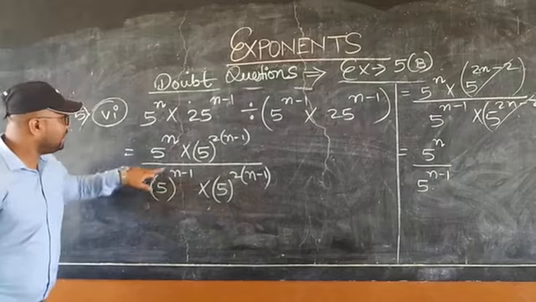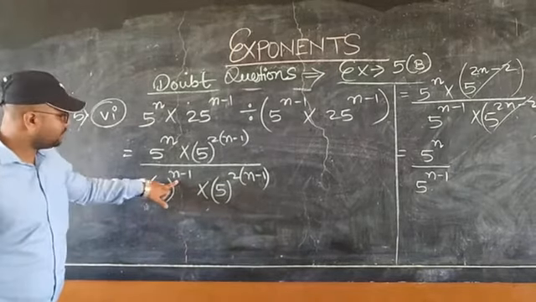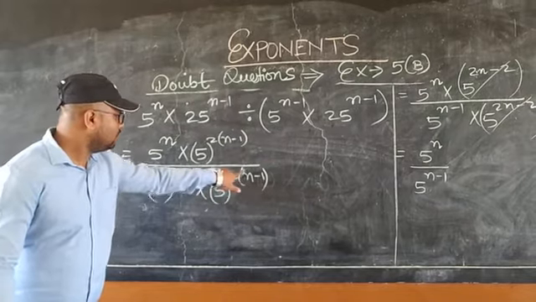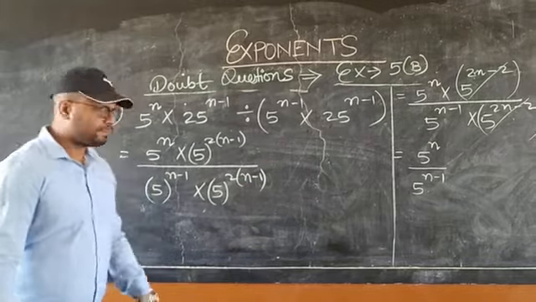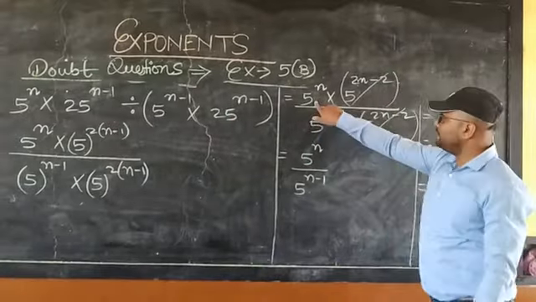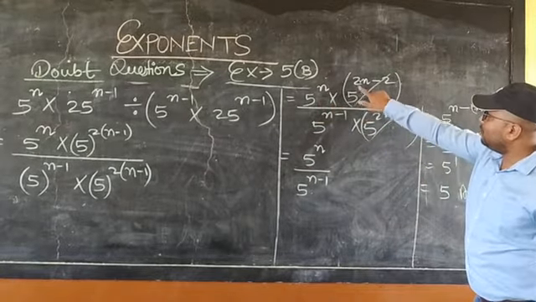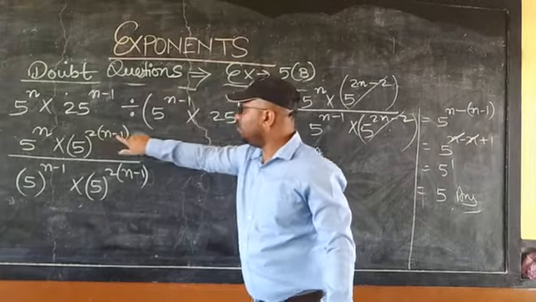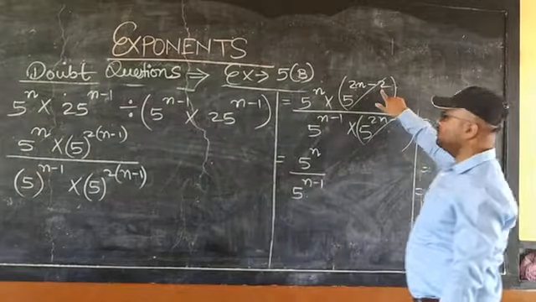Then similarly, divided by 5 to the power n minus 1 into 25, written again as 5 to the power 2 into n minus 1, right? Further, 5 to the power n, 5 to the power 2n minus 2. How is it? 2 into n, students, and 2 into minus 1, that is minus 2.